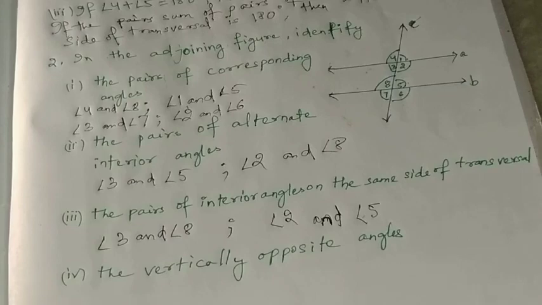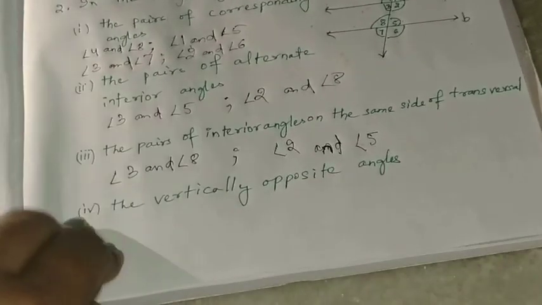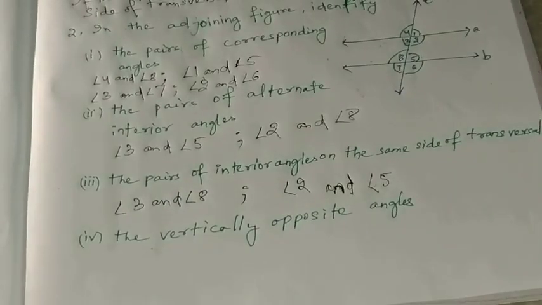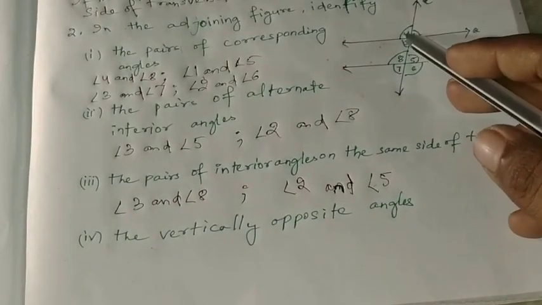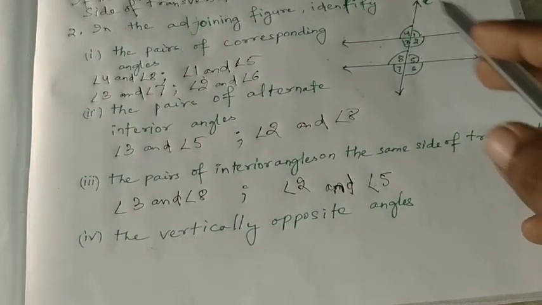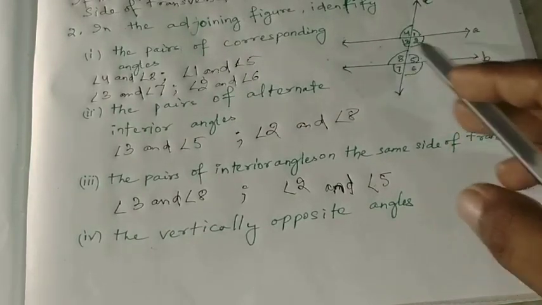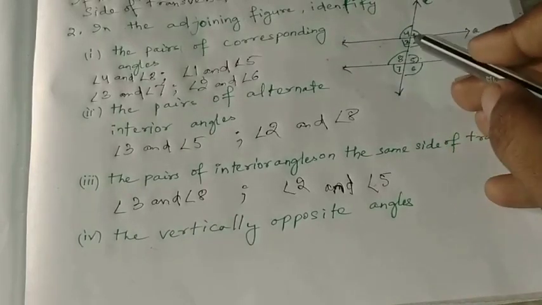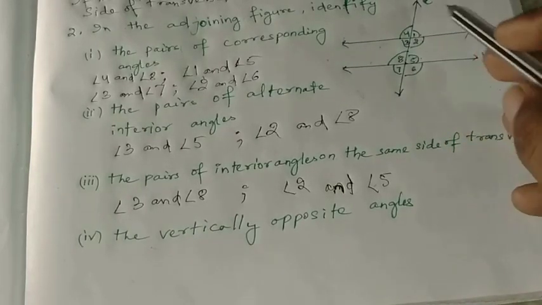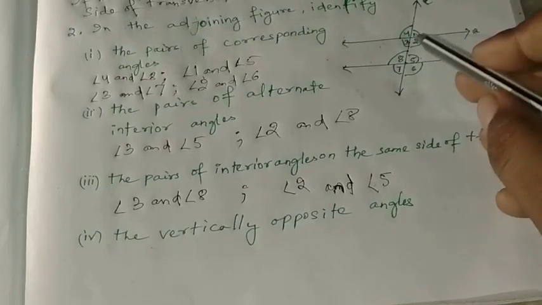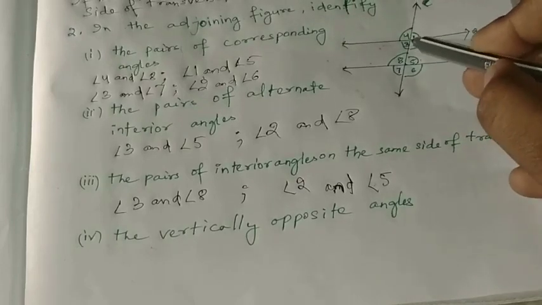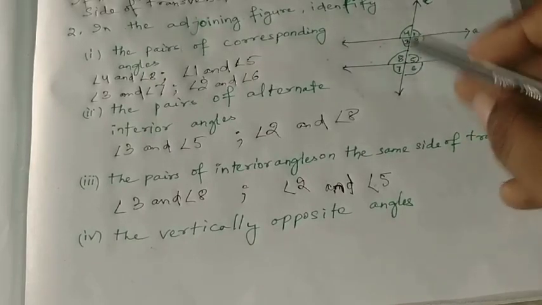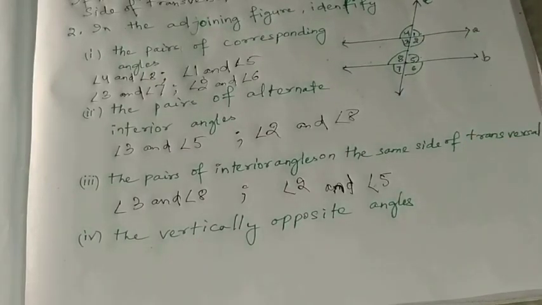Next, what will you write? Number 4, the vertically opposite angles. So look at the figure. Line A and line C cross at this point, and line B and line C cross at this point.